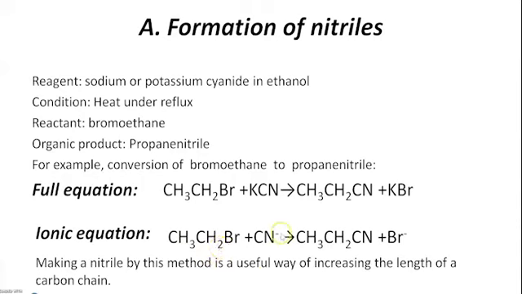Here potassium cyanide, here cyanide ion, and the side product is also different. In the full equation we are getting KBr, potassium bromide, as a side product. Here we are getting bromide ion. Making a nitrile by this method is a useful way of increasing the length of a carbon chain. So this reaction is very important from an industrial point of view.